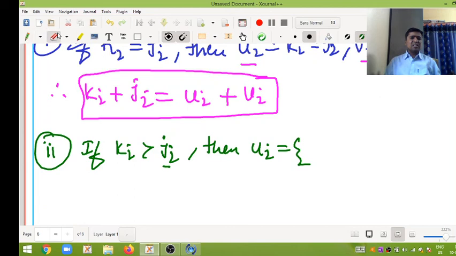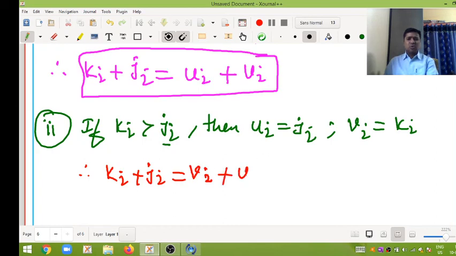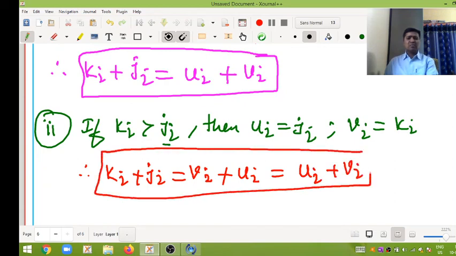So in this case ui is equal to ji, and vi is equal to the maximum value of ki comma ji. In these two, ki is the maximum in this case. So what do you want to find? Therefore, ki plus ji we want to find, that is equal to ki, which is vi, plus ji, which is ui. So this I am writing as ui plus vi. So for case 2 also, this one is proved, my dear friends.